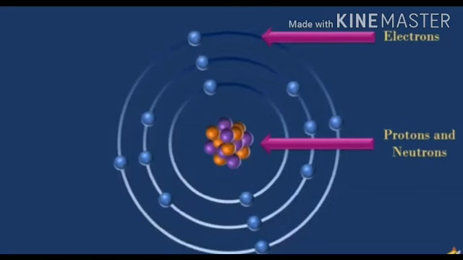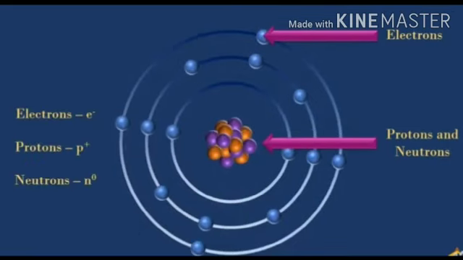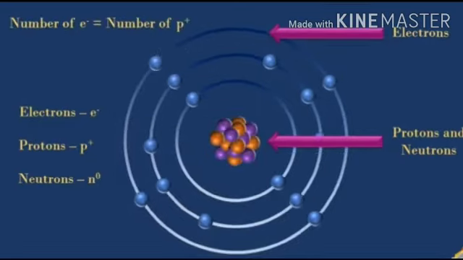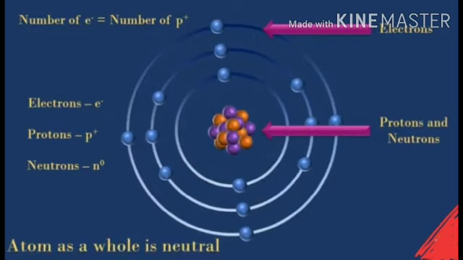Here you see that electrons are revolving in specific orbits. Now students, as you know, electrons are negatively charged, protons are positively charged, and neutrons have no charge, that is, neutral. And we know the number of electrons is equal to the number of protons in any atom, that is, the number of negative charges is equal to the number of positive charges. Hence we say the atom as a whole is neutral.